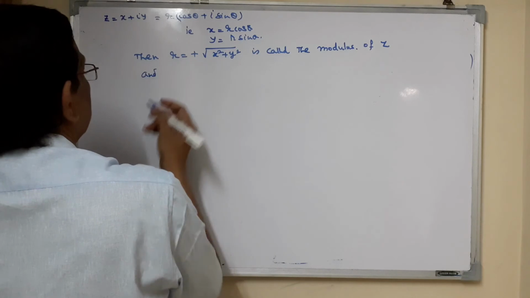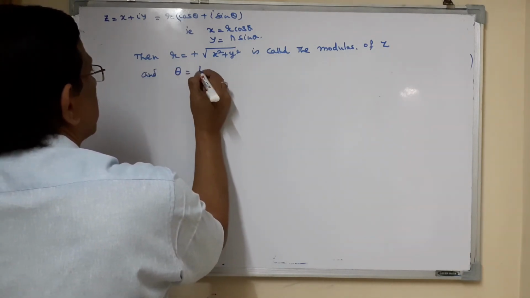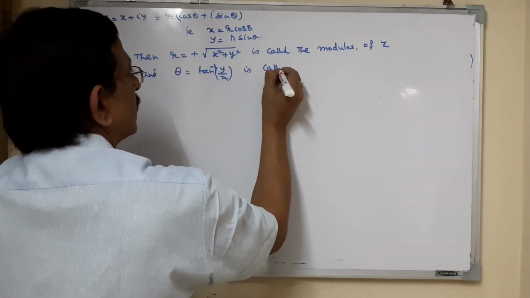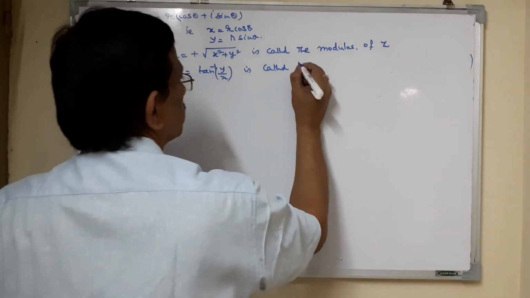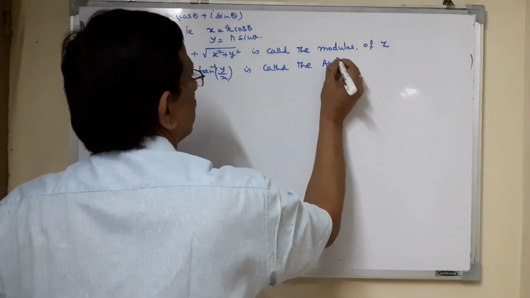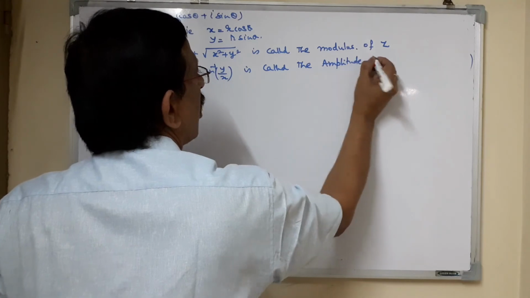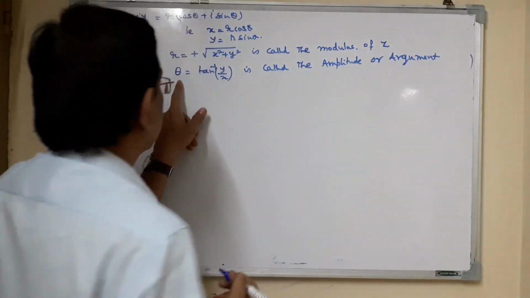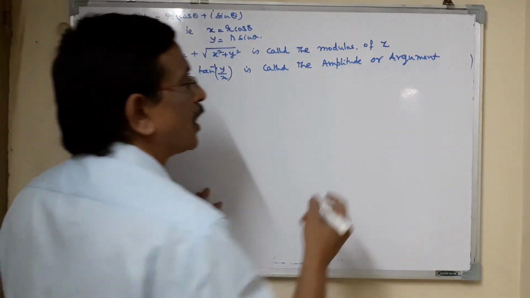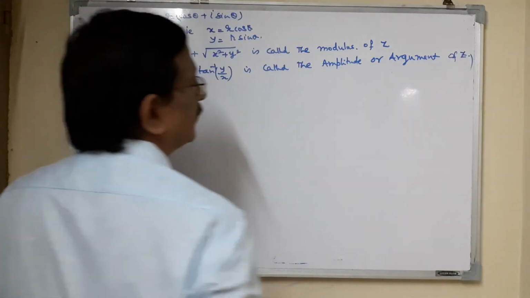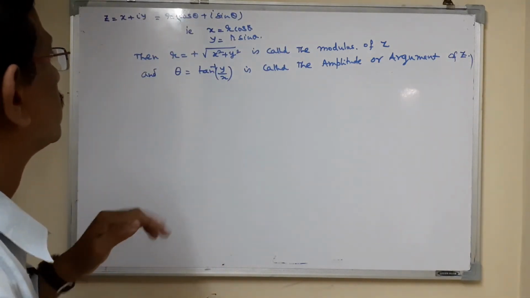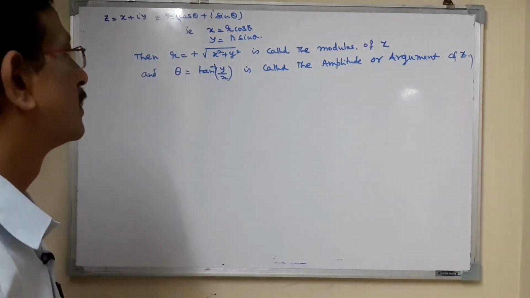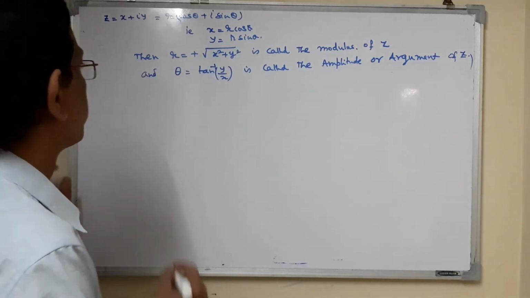And theta is equal to tan inverse y by x, is called the amplitude, or argument. So theta is an angle, called the amplitude or argument of z. So r is a length, theta is an angle which is called amplitude. r is called the modulus.